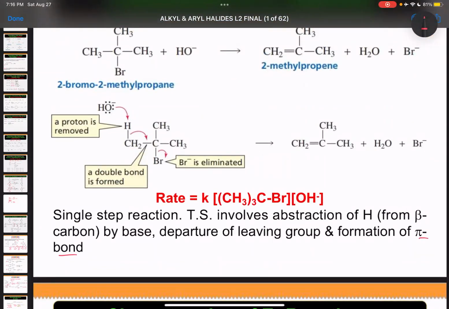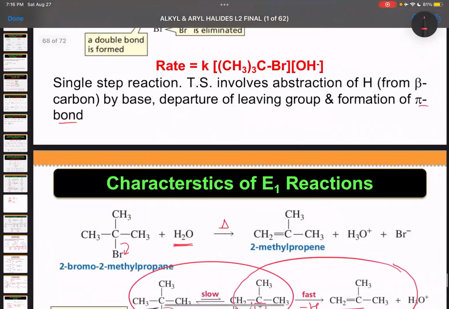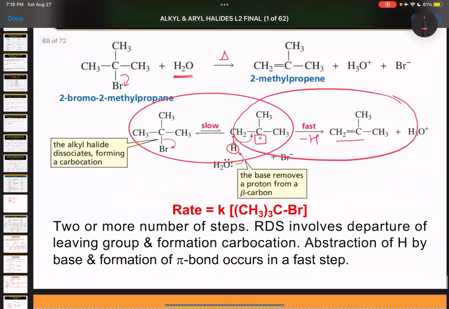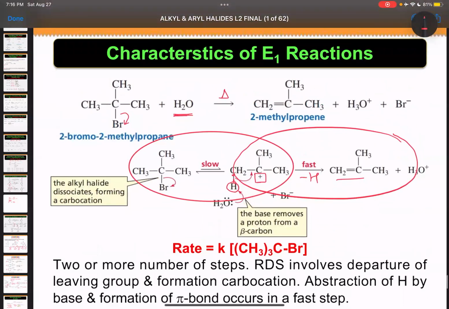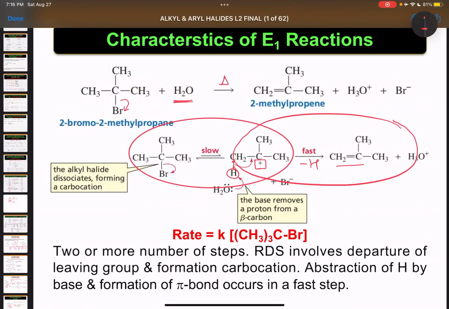Just simultaneously. In SN1 also the same thing happens. So half of the path for SN1 and E1 is the same, right? Both proceed via a carbocation intermediate. The leaving group comes out and leaves behind a carbocation.